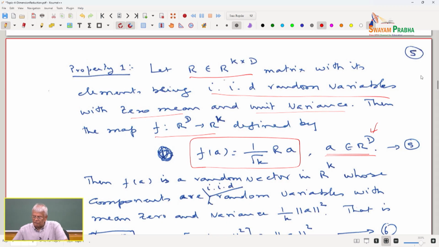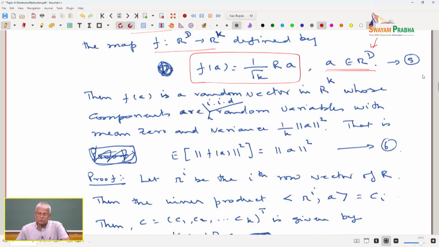So f of a is a random vector in R^k whose components, now look at this, a is fixed, a is deterministic, R is random. Elements of R are IID random variables. They are mean zero, variance unity. Now, in trying to compute the ith component of the vector f of a, I am going to take the ith row of R and multiply it by a.